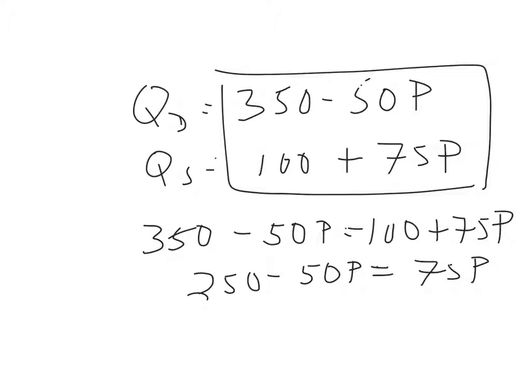Now let's isolate the p. So add 50p to each side. So 250 is equal to 125p. Divide both sides by 125 to solve for p. So we have p is equal to 2.